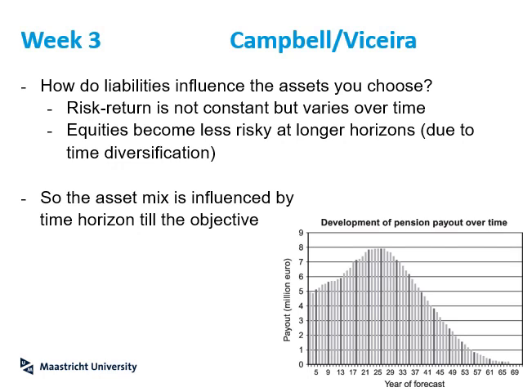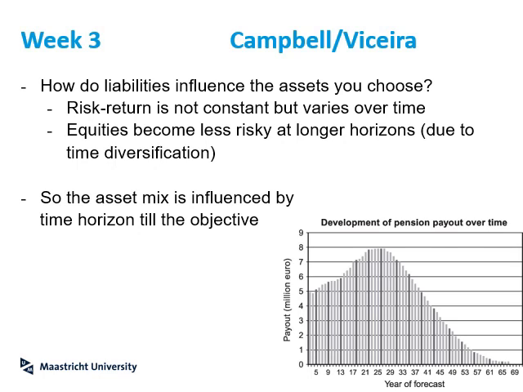On the horizontal axis, you see years going forward, and then you see how many millions the pension fund has to pay out in a certain year. And then you see that, for instance, around 25 years from now, the bulk of the pensions has to be paid out. So what we then say is, this pension fund has a horizon, also called the duration, of around 25 years.